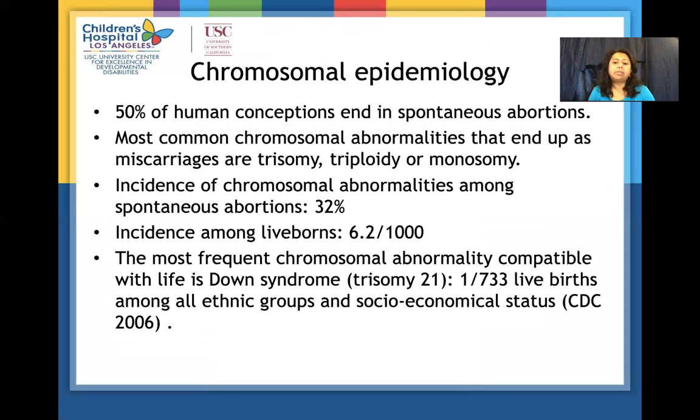The incidence of chromosome abnormalities among spontaneous miscarriages or abortions is about 33%. So the most frequent chromosome abnormality that is actually compatible with life is trisomy 21. And a little bit more than 1 in 1,000 individuals are born with trisomy 21.